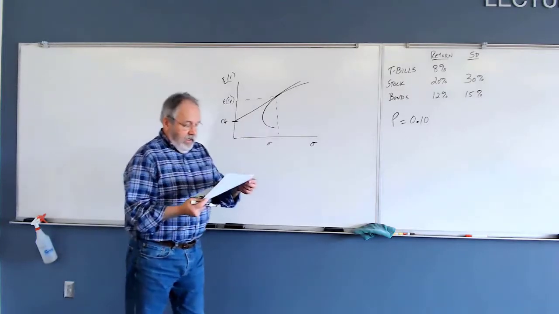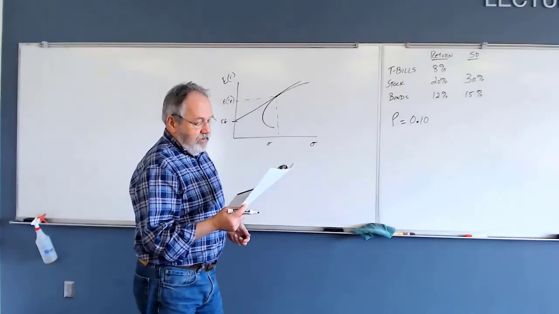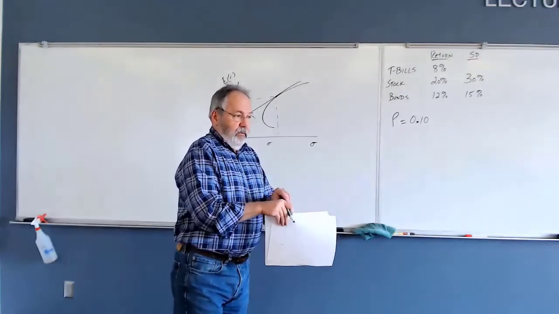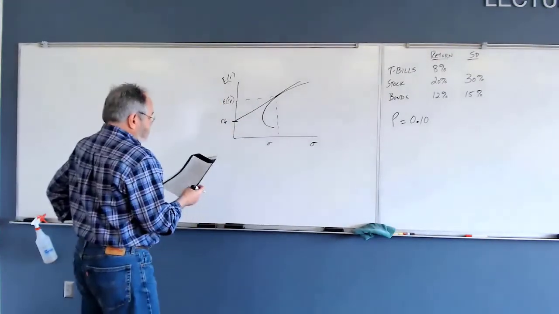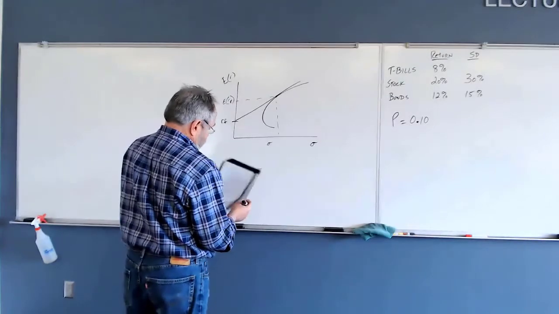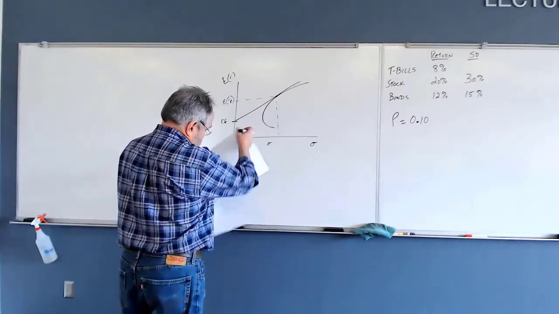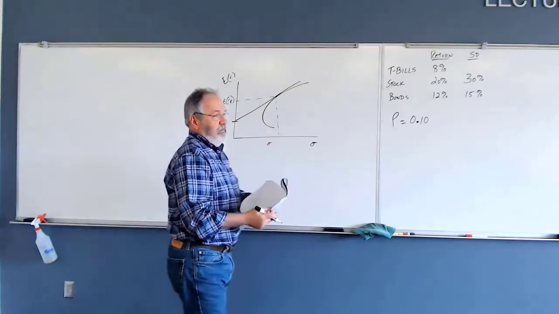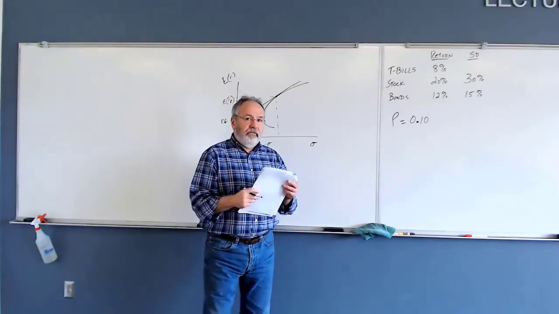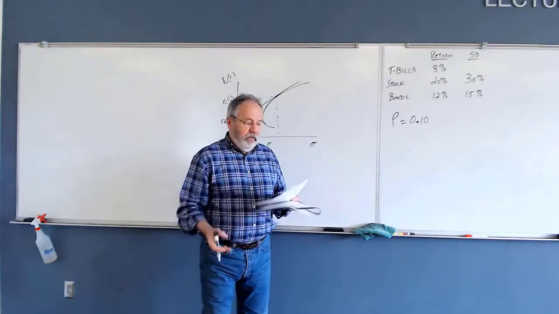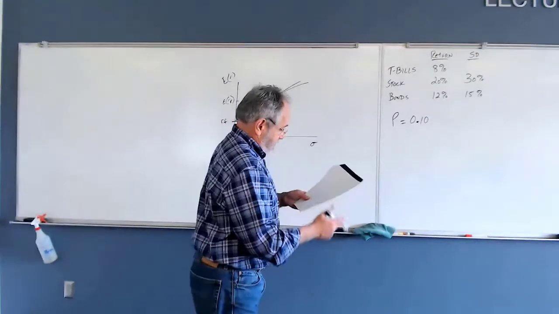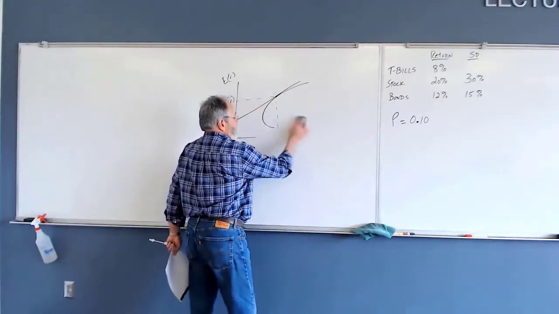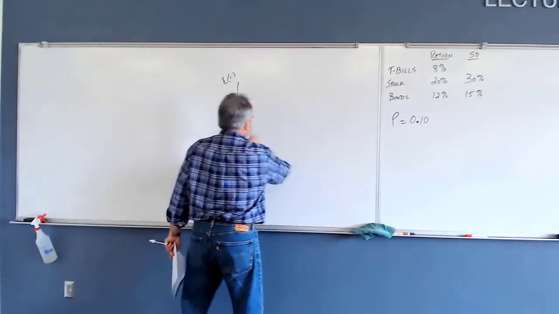Solve numerically for the proportions of each asset and the expected return and standard deviation in the optimal risky portfolio. At the beginning of this recording, I put the formula for the optimal risky on the board, but we'll do it again. We solve for this question.